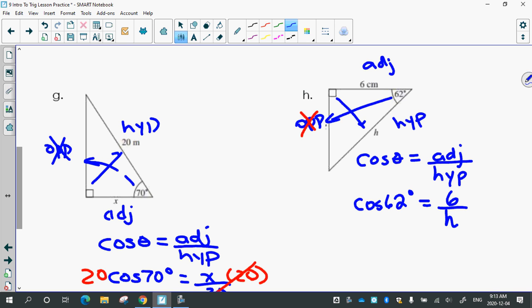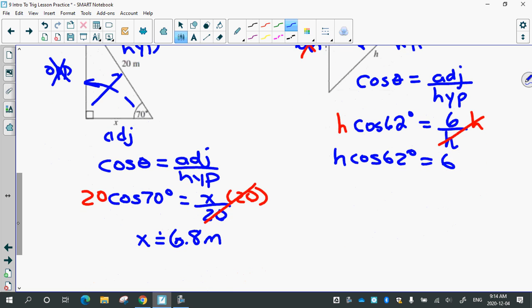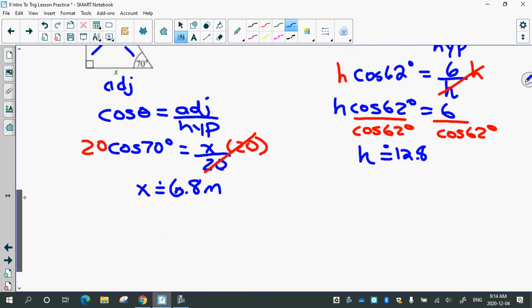Variable's in the denominator, so multiply both sides by h. H times the cos of 62 degrees equals 6. Divide by the cosine of 62 degrees. And we get that H is approximately 12.8 centimeters.